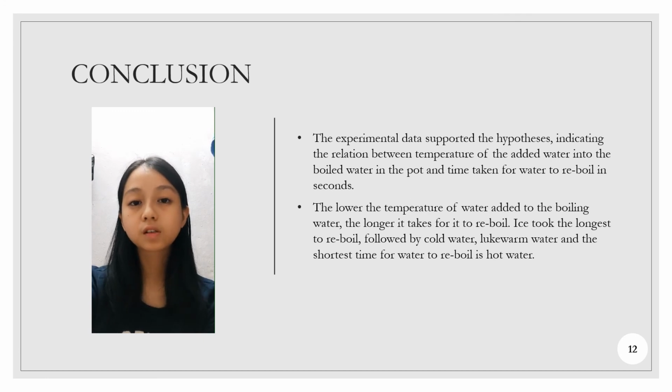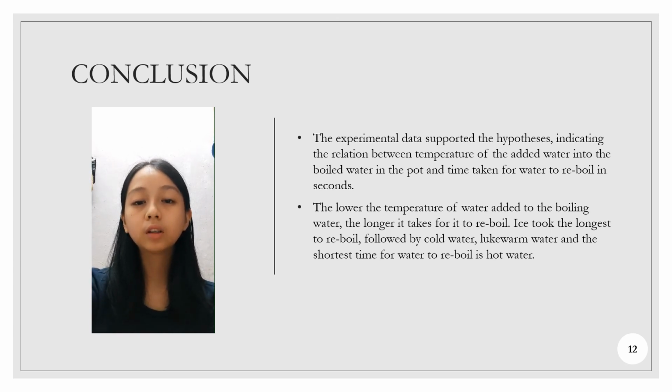Despite the differences of the data obtained, every member achieved the hypothesis made at the beginning of the experiment, where the higher the temperature of the added water into the boiled water in the pot, the lesser the time taken for water to reboil, and the larger the difference in the temperature between two waters, the larger the change in entropy.